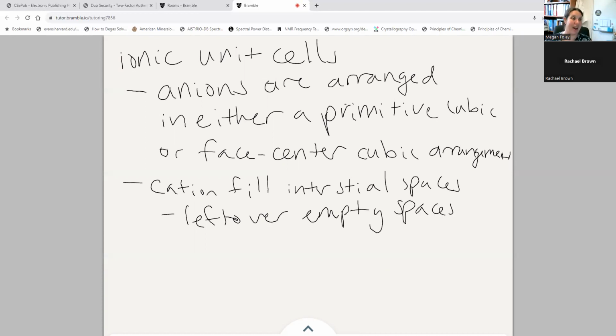The reason we do this is our anions are usually larger than our cations, so the cations are going to fit in the spaces. You think about atoms being spheres. You try and put spheres together, they're not going to be perfectly put together. There's going to be empty space. And since the cations are usually much smaller than the anions, they can fit in those little itty bitty spaces.